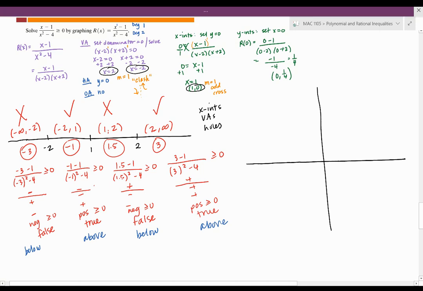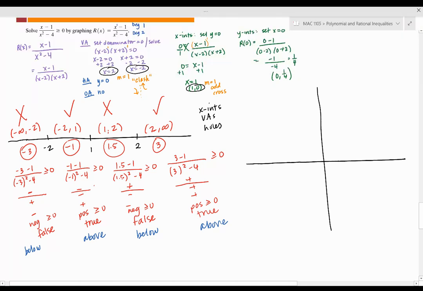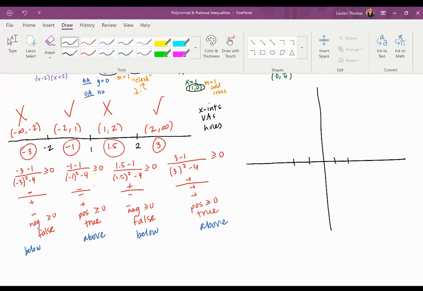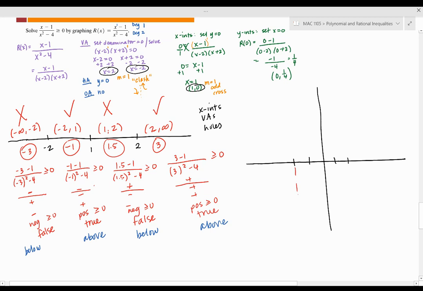We had vertical asymptotes at +2 and -2. And I'm going to draw those in with dashed lines. Okay, so that's x equals -2, x equals +2.